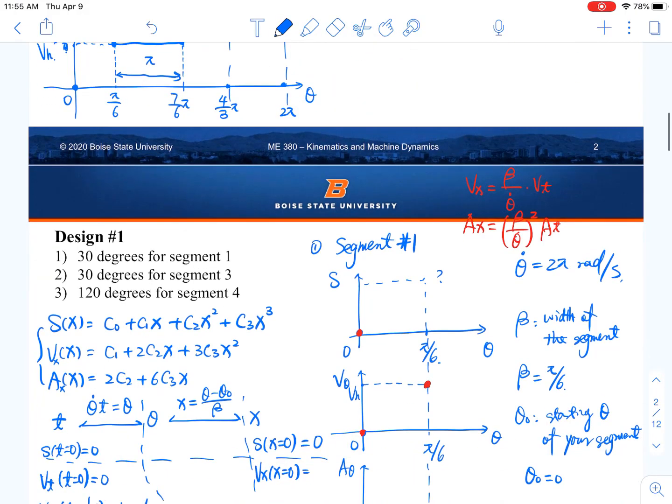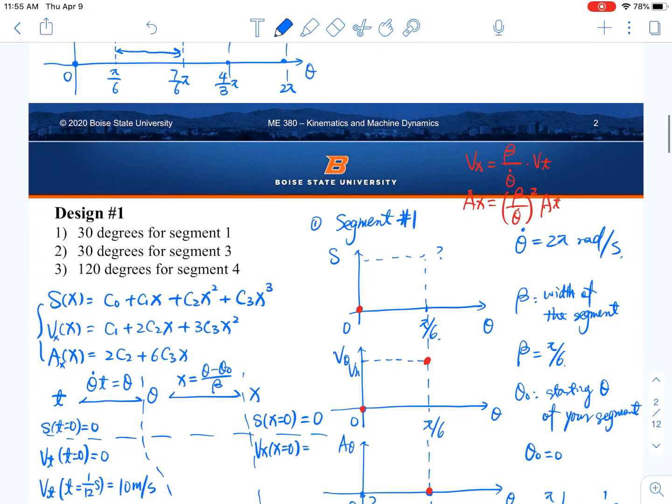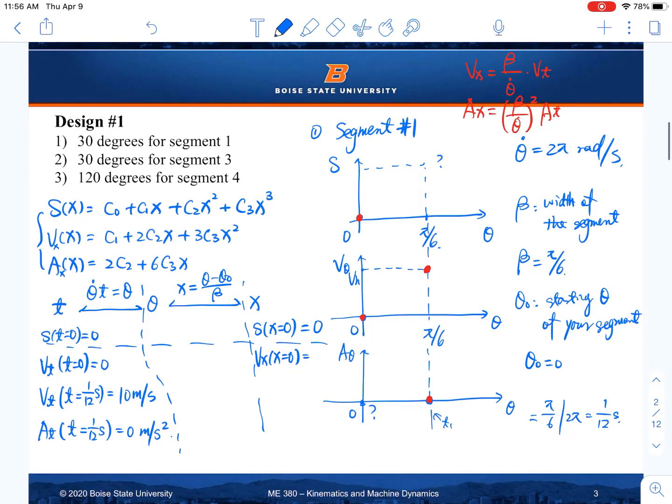So your beta is 1/6 pi, and your theta dot is 2 pi. So that gives you 1/12 times 0 is still 0. There's another small trick here.